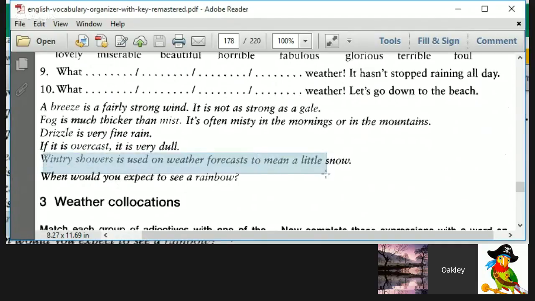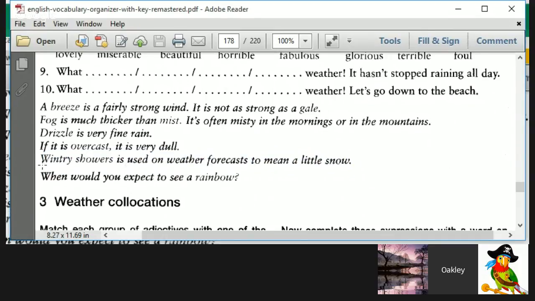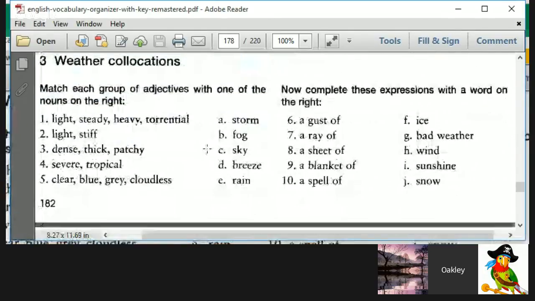Winter showers, yeah. Strangely, winter showers, weather forecasters use this, but real people do not, at least in America. Again, you would say flurries normally, but I've heard weather forecasters say winter showers. When would you expect to see a rainbow? Of course, after a rain, naturally.